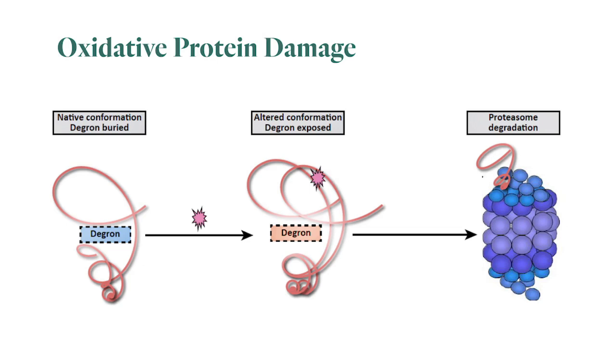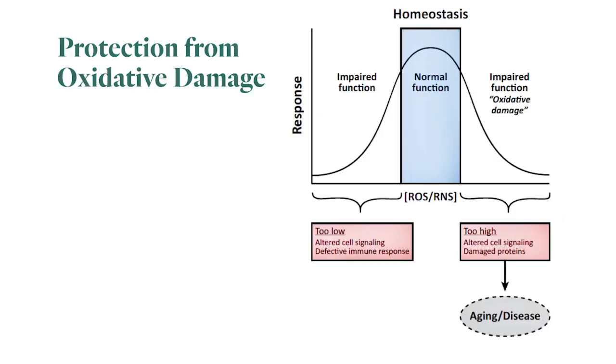As a consequence, the protein may slightly unfold, thus exposing parts of its interior towards the outside. The exposure of these normally buried sequences, also known as degrons, triggers the cellular recycling machinery for proteins, the proteasome. The proteasome system binds degrons, which leads to the degradation of the affected protein.